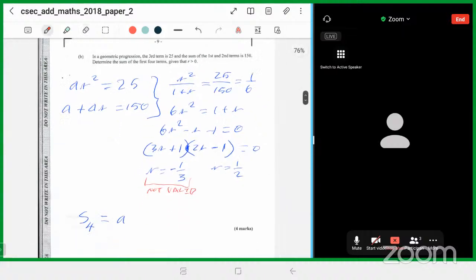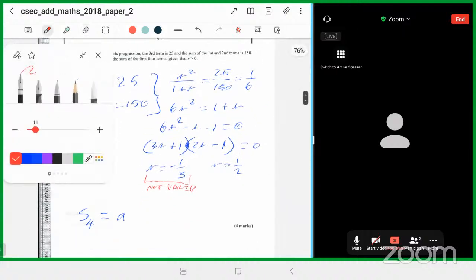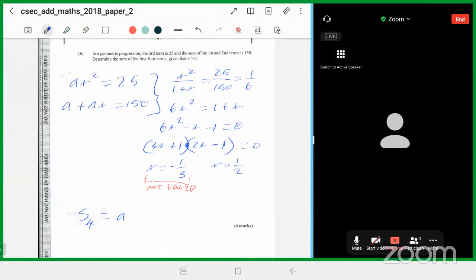So anyway, this becomes A plus AR plus AR cubed plus AR to the 4th power.